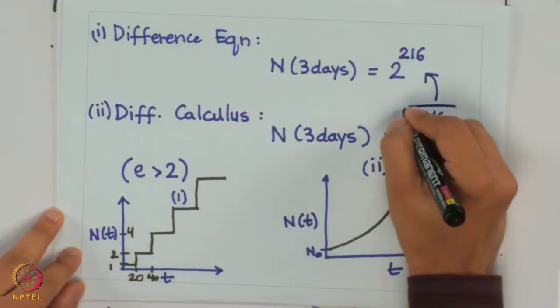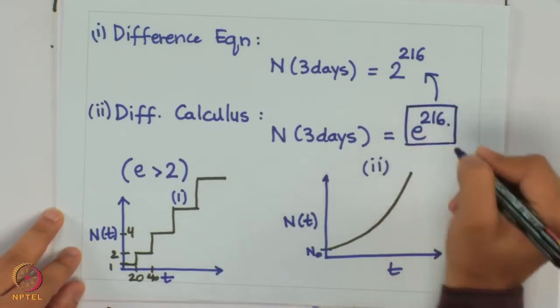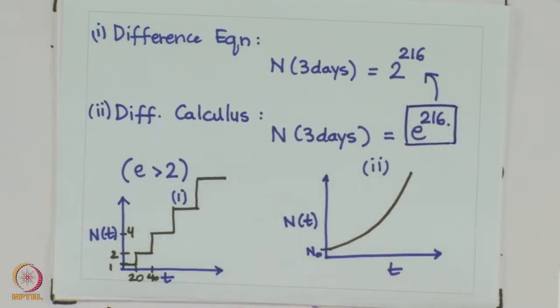Some are going to lag and take slightly more than 20 minutes. That natural variation is a fundamental property associated with all bacterial species, and hence the differential calculus approach is very representative of what actually happens in a growth process. And this answer, although it's larger, is much more representative of what E. coli numbers would be if allowed to grow unconstrained for 3 days.